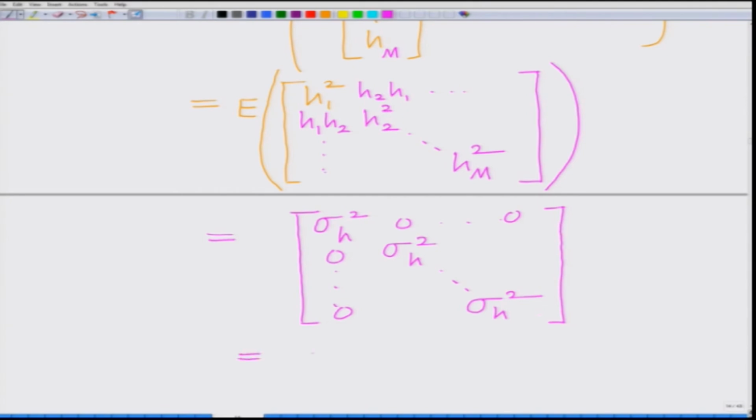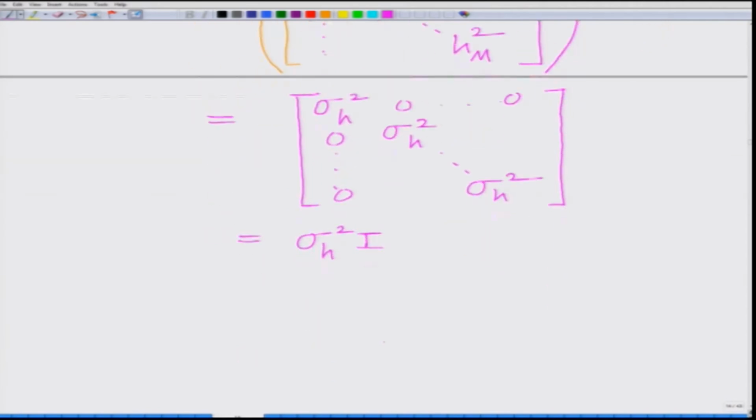So this is sigma h square times the identity matrix, an M dimensional identity matrix. When I write I M, this means an M cross M identity matrix, because an identity matrix is a square matrix, that is well known. I simply write the number of rows or columns, since they are both equal.